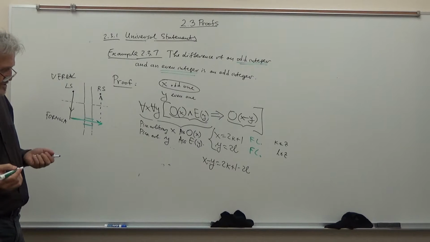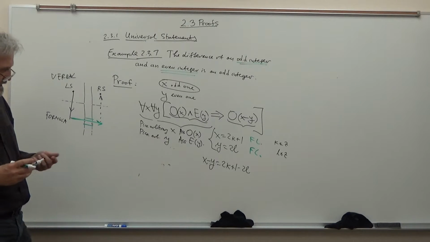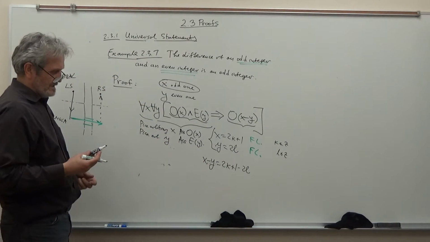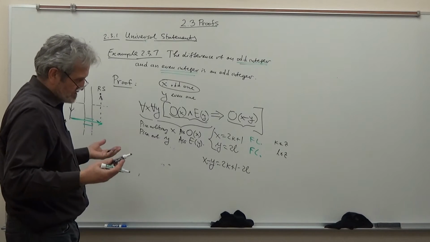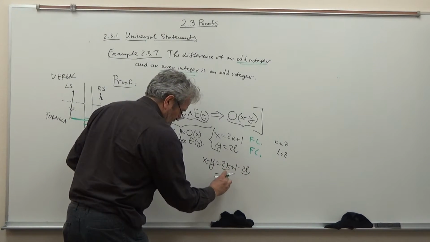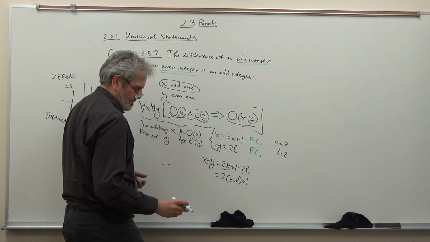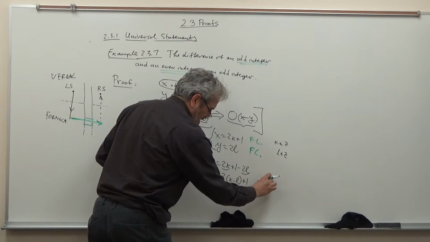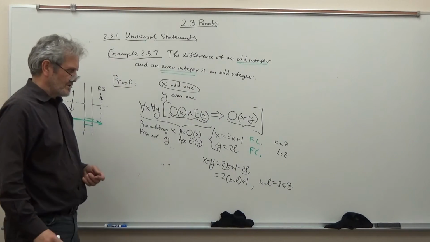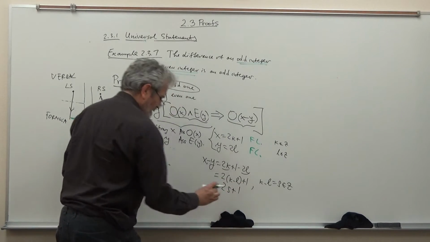But now the question is, can I cross back into verbal land? So can I from this formula somehow conclude that x minus y is odd? It should be fairly simple. If you factor out 2, 2 times k minus l, plus 1. Now let me call k minus l, s, which is also an integer, because the difference of two integers is an integer. So this looks like 2s plus 1.